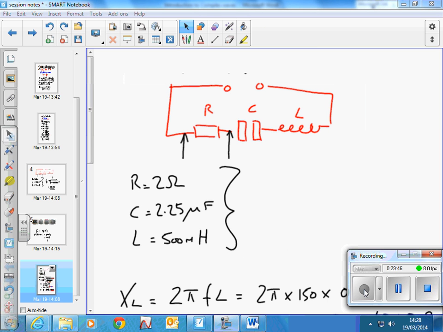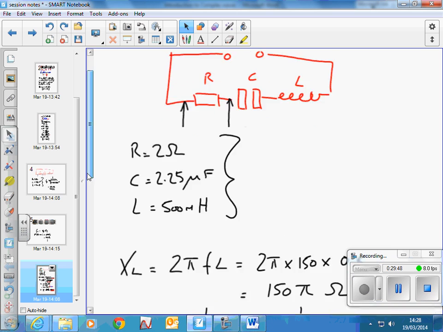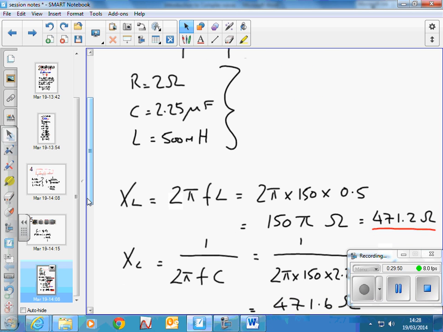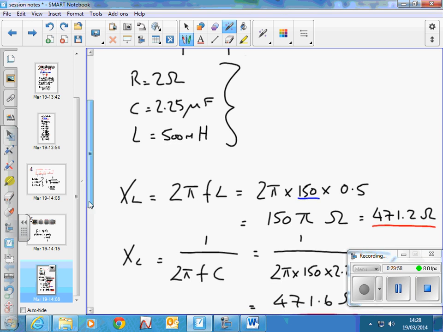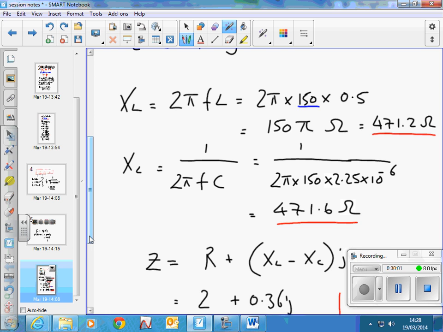So if we look at the circuit, if the frequency is now 150 hertz, and we find out what XL is, using a frequency of 150 hertz, XL turns out to be 471.2 ohms, and XC turns out to be 471.6. Note, about the same. Do you remember we were saying that for resonance at the natural frequency, we wanted XL to be roughly equal to XC, and that's turned out to be the case.